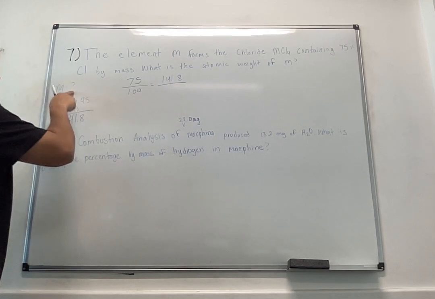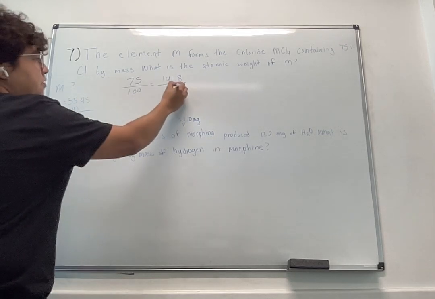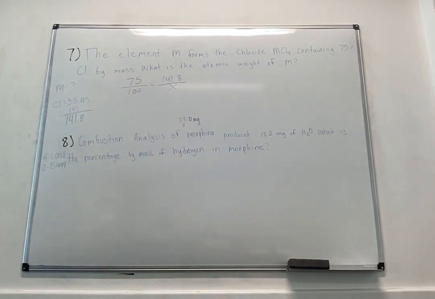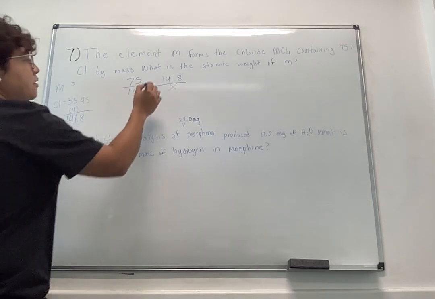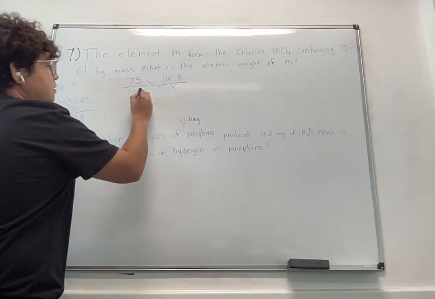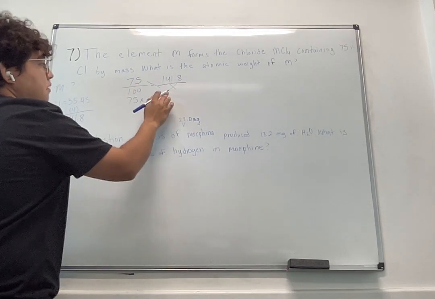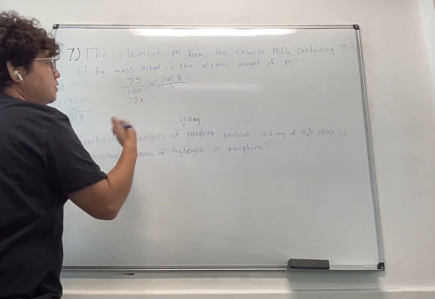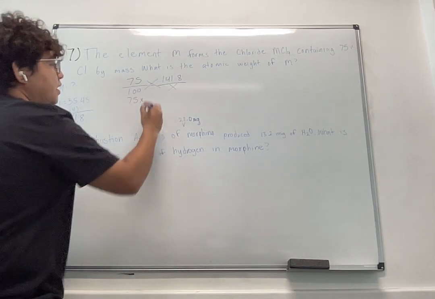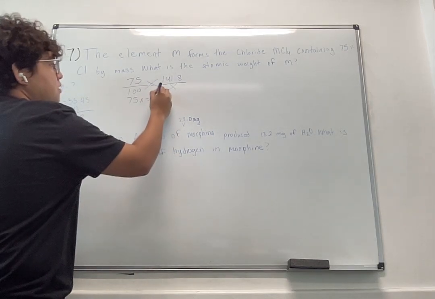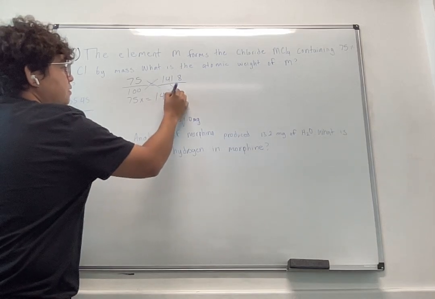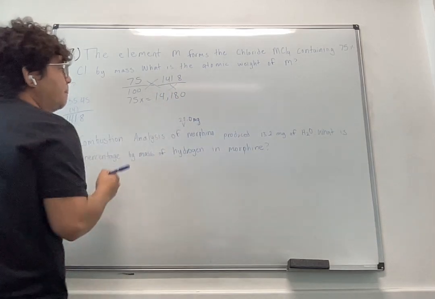But because I don't know M, I'm just going to put an X right there because I don't know what the total mass is. So here we just solve like a regular ratio, 75x equals 100 times 141.8. So that should give us 14,180.